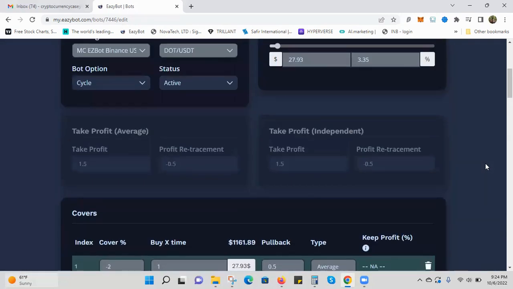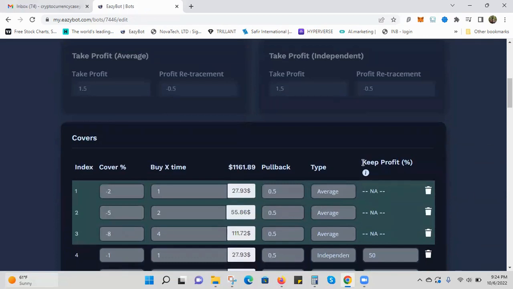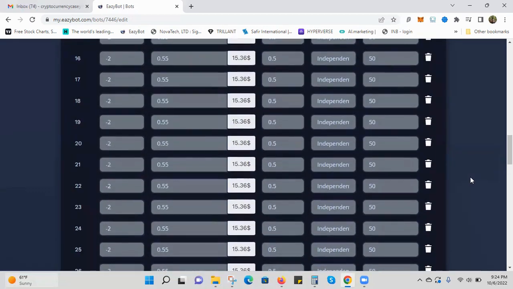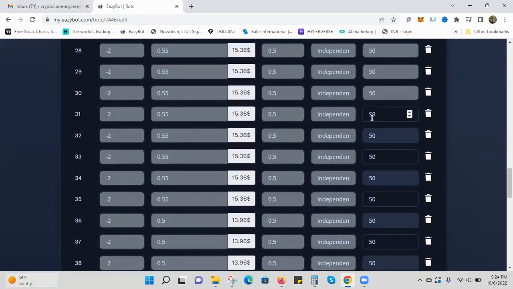This is your keep profit percentage. As of right now, the bot is set to keep 50% of the profit, set that aside, and take the other 50% to pull down the average price. As soon as it hits that average price and goes 1.5% above, it will close out that entire trading session for a profit.